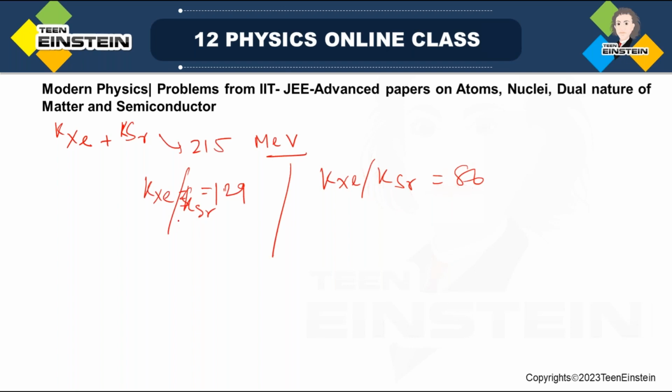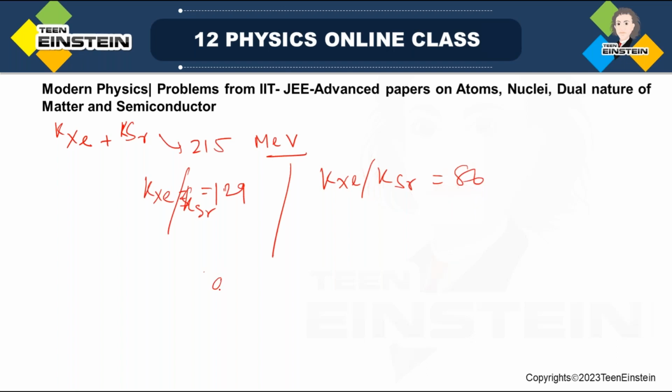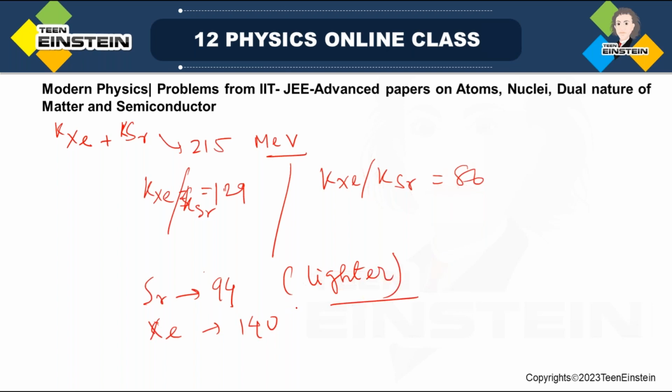So now look, the strontium has mass number 94, and xenon has mass number 140. So this is the lighter element or lighter nucleus. And you know, lighter nucleus will move faster.